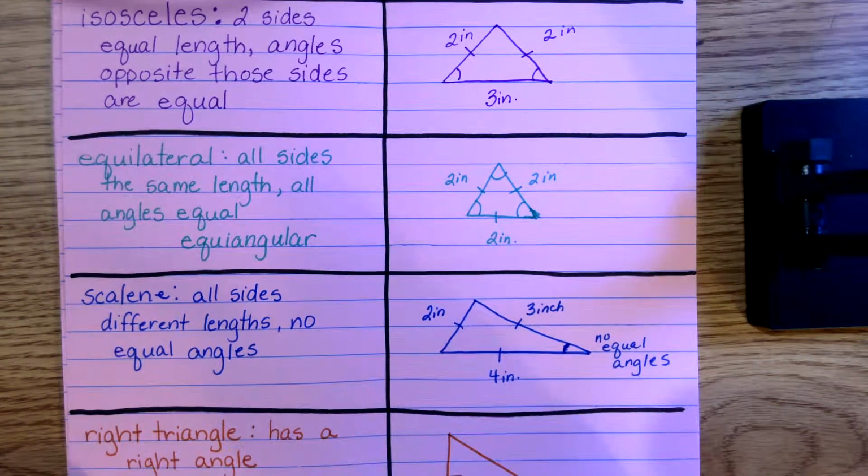Usually, these two angles are going to be the same, and the length of these two sides will be the same or similar.